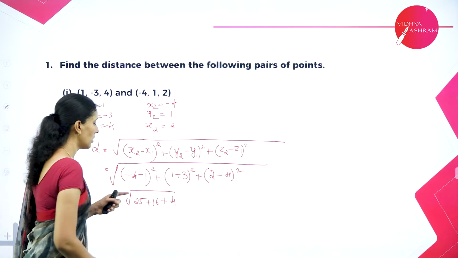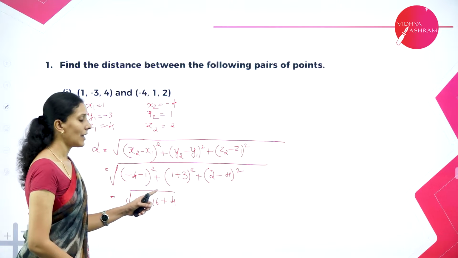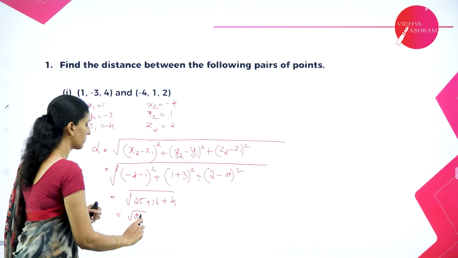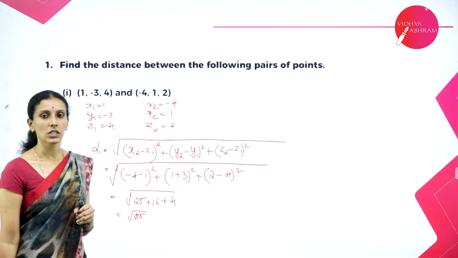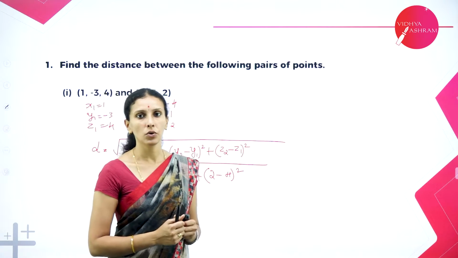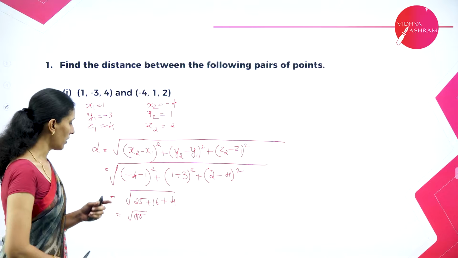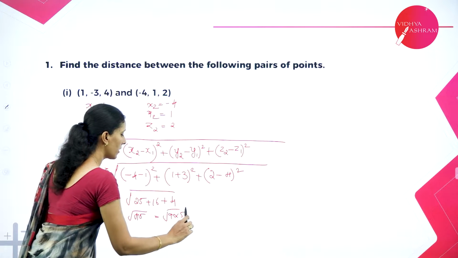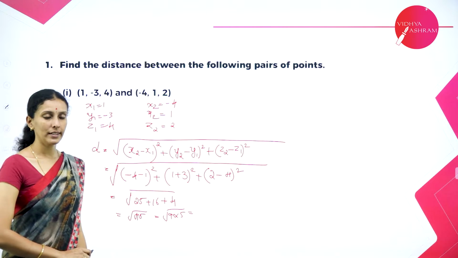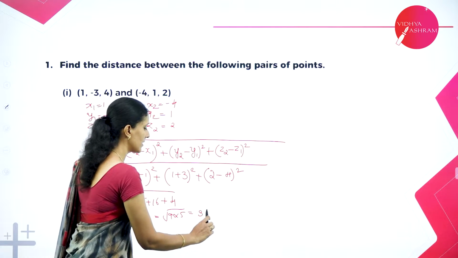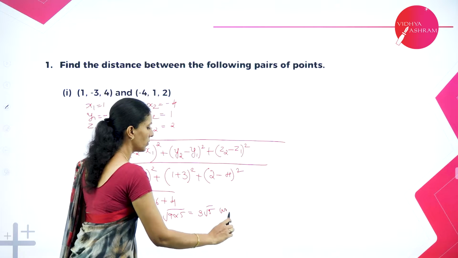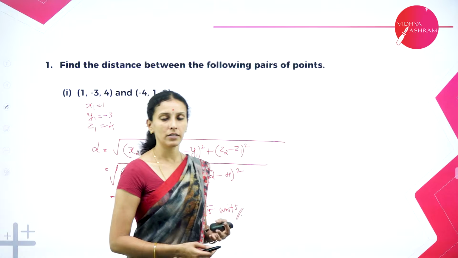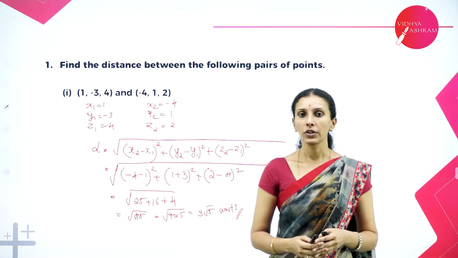So square root, so this is 25 plus 16 plus 4, which is equal to root 45. So this is the distance of these 2 points. We can also reduce root 45 into 9 times 5. Since 9 is a square number, you can write it outside the square root. So we can write this as 3 root 5 units. Any units, it may be in centimeter, meter, anything. So 3 root 5 units.